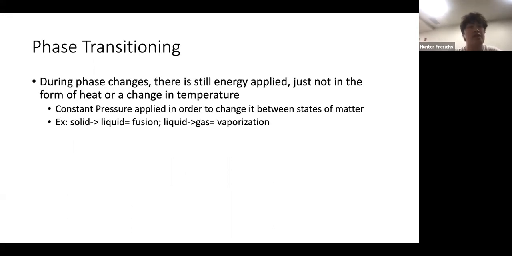Next we're going to go into the subject of phase transitions. So you have your water graph, for example. You have your solid, which heats up and hits the melting point, and then it transitions to a liquid.